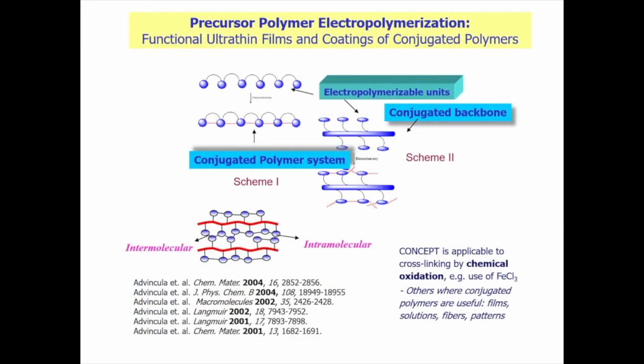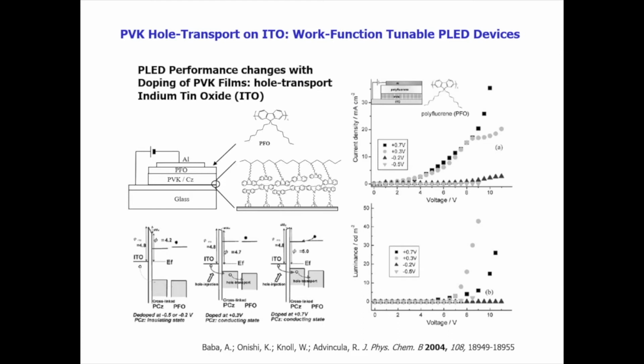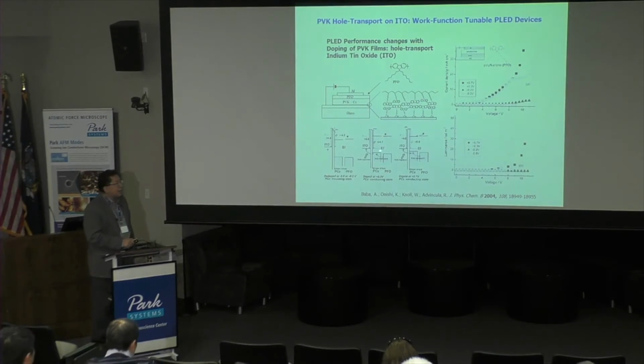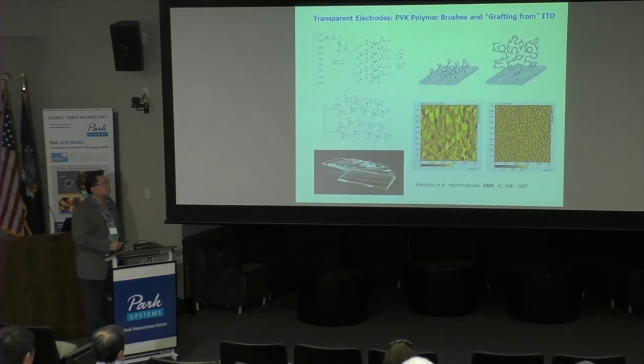So for example, one of the first demonstrations we had was to make a device out of a polymer that, when we cross-link it, can change the properties of a junction device like this LED. That means we can tune the redox property and then change the turn-on voltage.